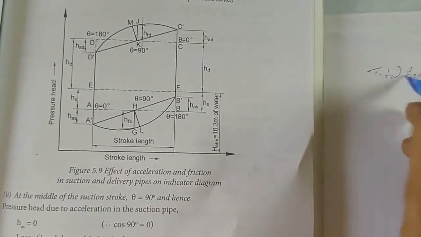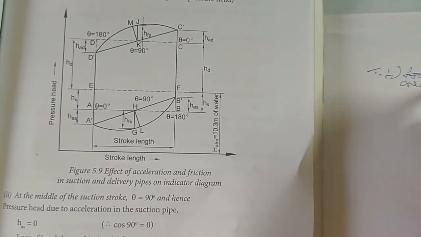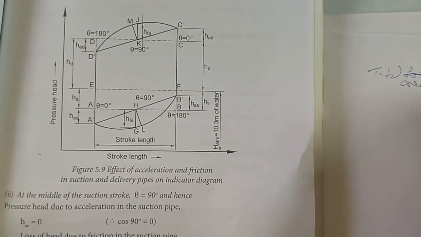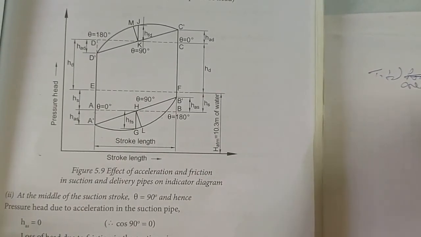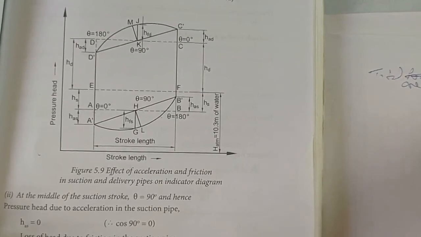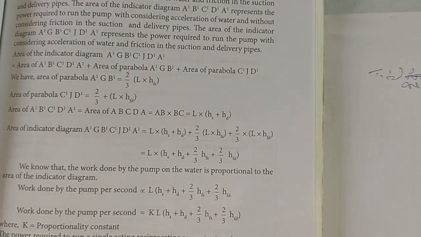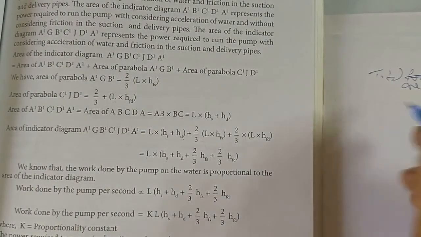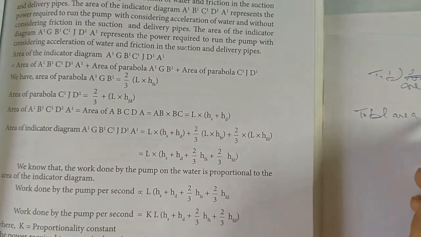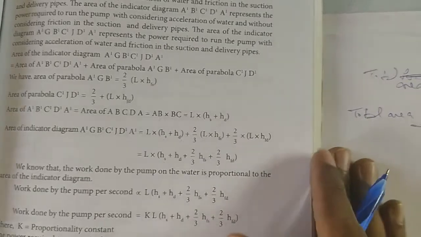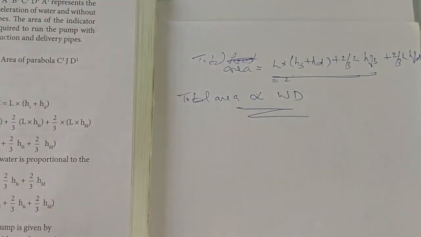Total area will be equal to L into HS plus HD for the rectangular part, plus 2 by 3 L into HFS plus 2 by 3 L into HFD, the two parabolic areas. So this total area is proportional to the work done by the pump.